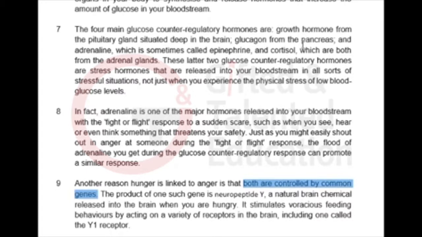First of all, you have the growth hormone. You also have glucagon, adrenaline, which is also called epinephrine, and lastly, cortisol. These are all glucose counter-regulatory hormones.